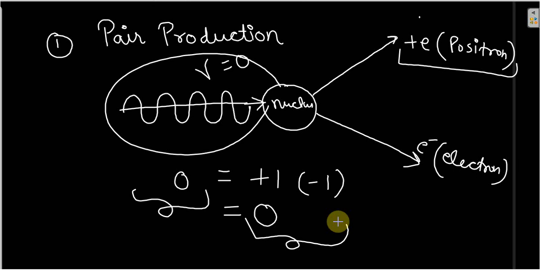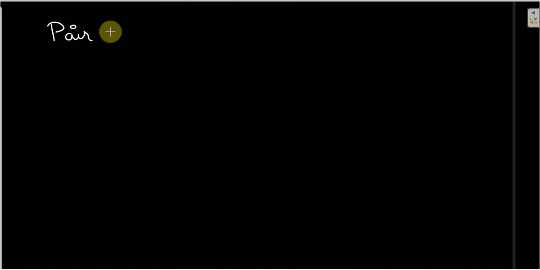Now we'll take more examples for deeper knowledge. The next example is pair annihilation. Annihilation means to destroy something.